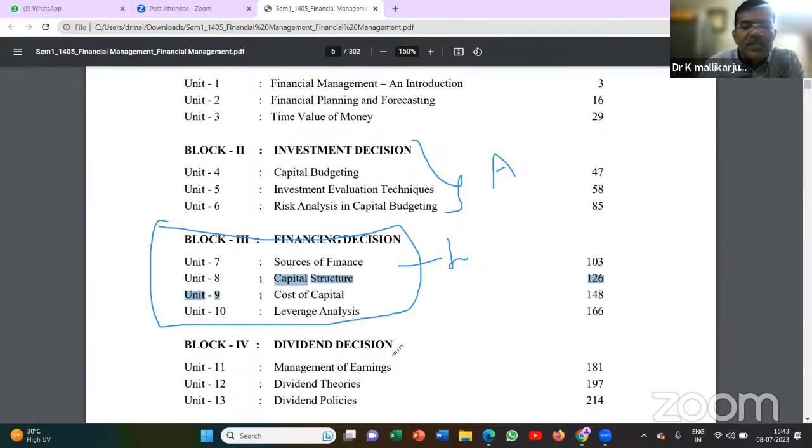The third topic also covers dividend decisions. If the firm has good returns and good profits, how can the firm manage these profits? The company has two options: either distribute the profits or retain them. Retained profit does not pay any interest to any banker.